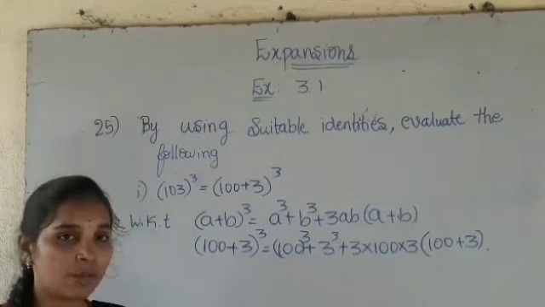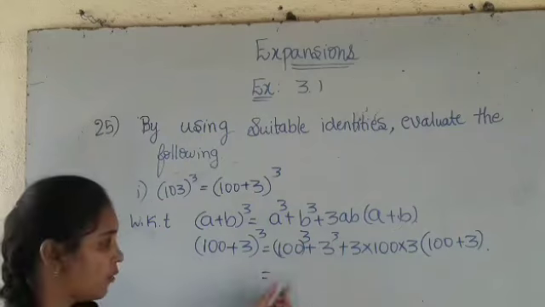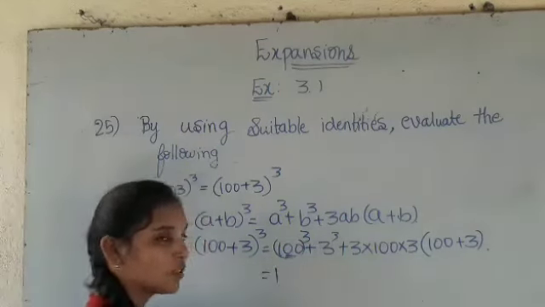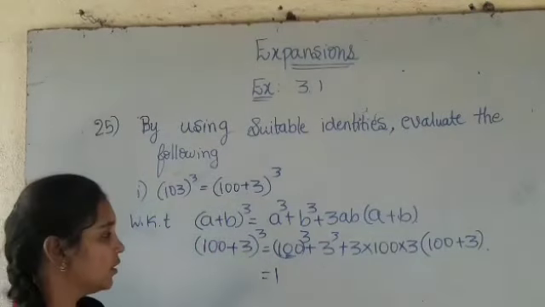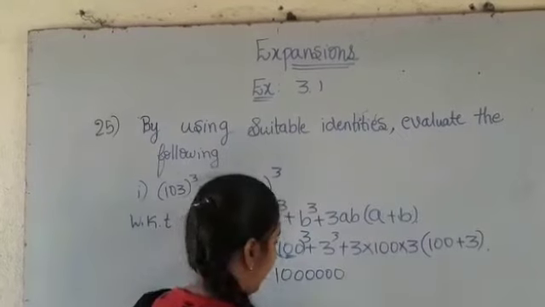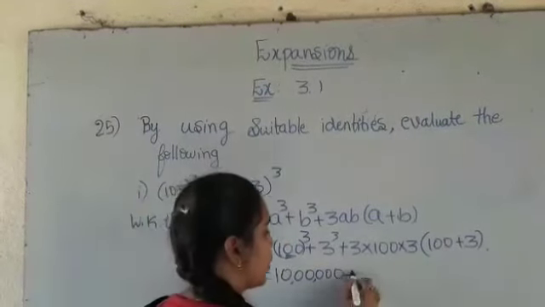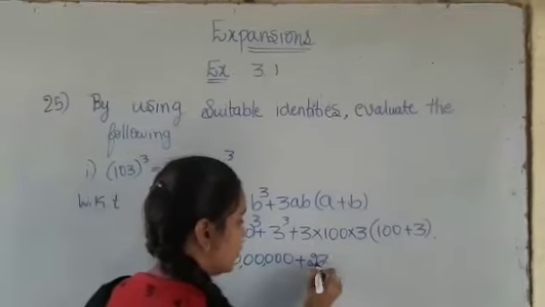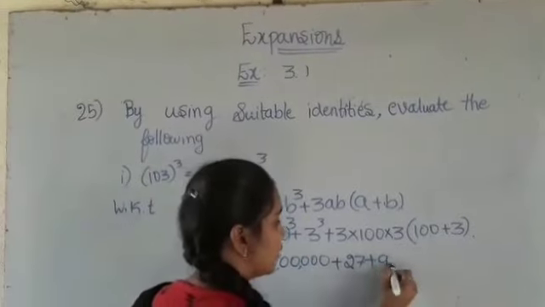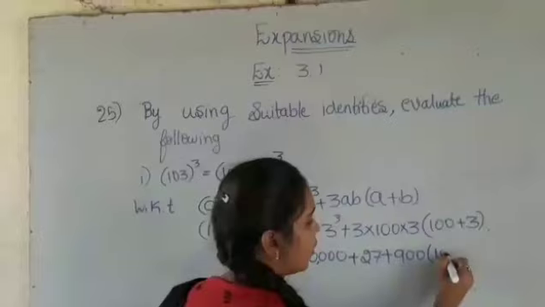Now we have to simplify this. What is the value of 100 whole cube? Here we have 2 zeros, so in its cube we will have 6 zeros. 100 cube is 10 lakh, plus 3 cube is 27, plus 3 into 100 into 3 is 900, into 103, since 100 plus 3 is 103.